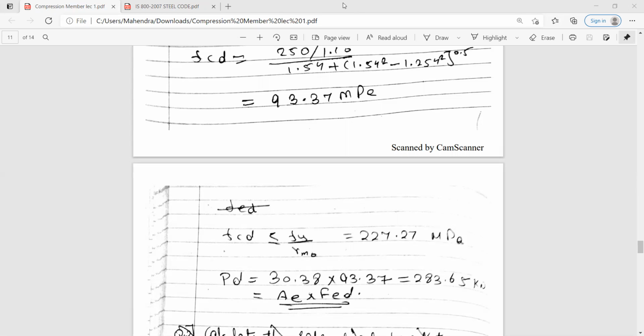Did everyone get FCD? Yes, Abdullah, did you get the value for FCD? It's 93.16. Okay. Now I'm calculating just PD. Okay, okay. You can take a screenshot.